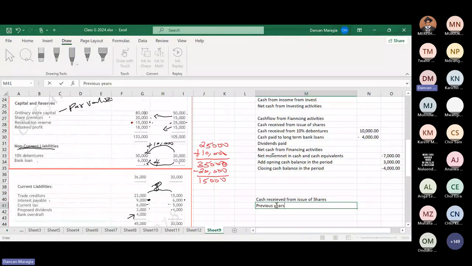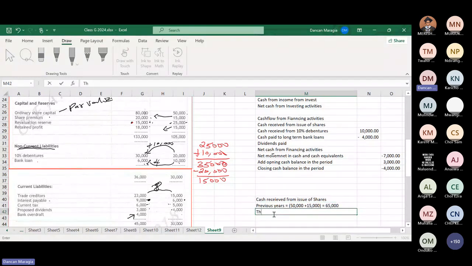in the previous year, when we give out shares, we can issue shares at nominal or at a premium. We usually take share capital and share premium together. So last year, we had share capital of 50,000 plus share premium of 15,000, which gives us a total of 65,000.